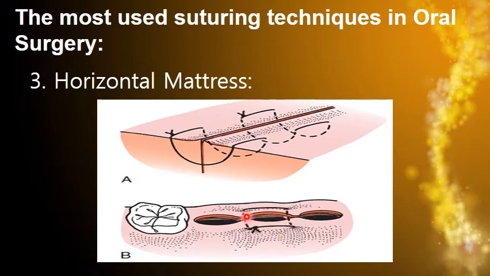Why didn't I use an interrupted suture? Because I wanted here to control the hemorrhage. Why will it control the hemorrhage? This is the blood supply. The stitches will be perpendicular to the blood supply, thereby causing vasoconstriction and aiding in controlling the hemorrhage from the socket.